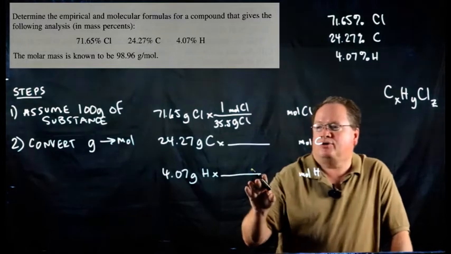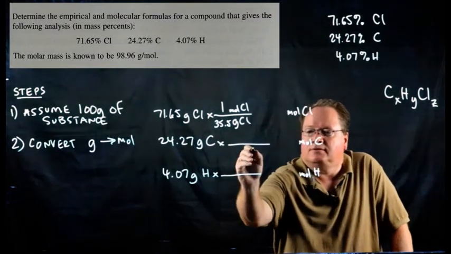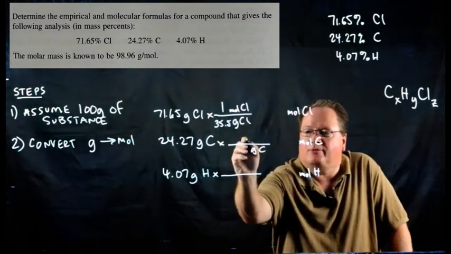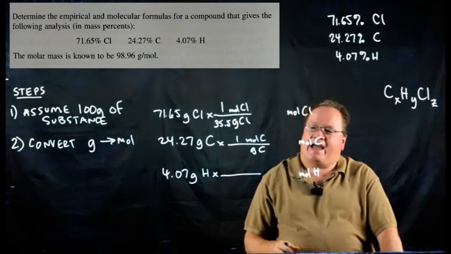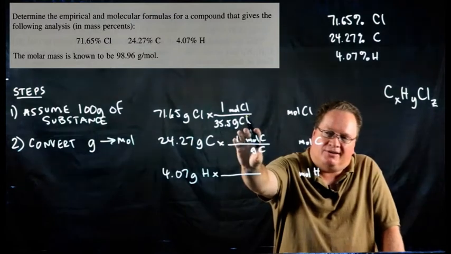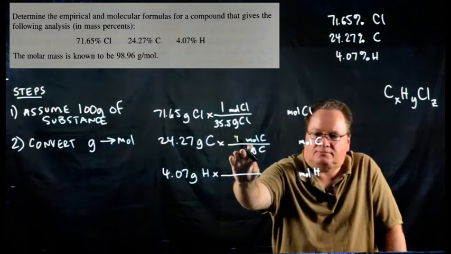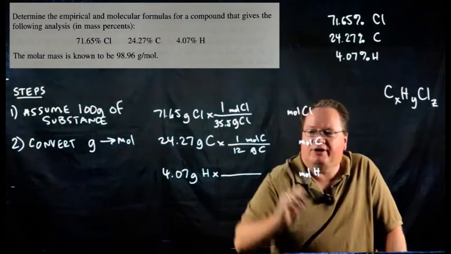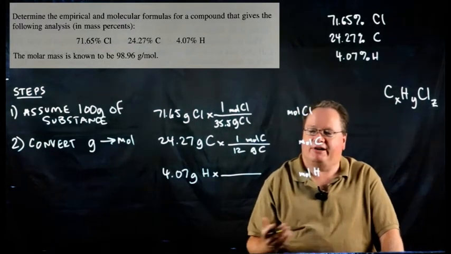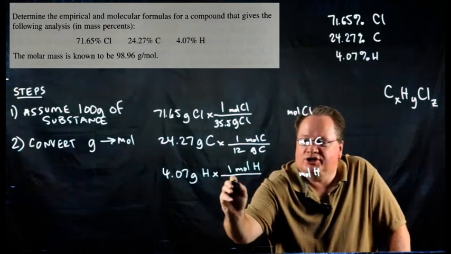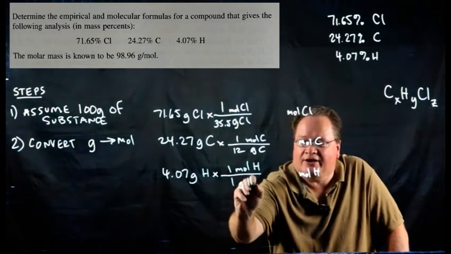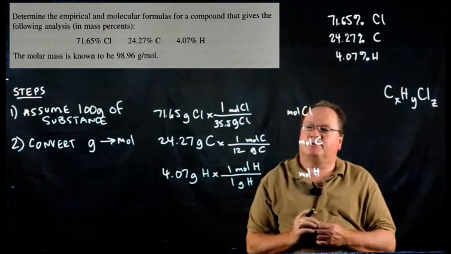If I look at molar mass of carbon, grams carbon, moles carbon, again with molar mass that we're using here, the mole term's always 1. There's 12 grams of carbon in 1 mole of carbon from the periodic table. For 1 mole of hydrogen, there's 1 gram of hydrogen, again from the periodic table.